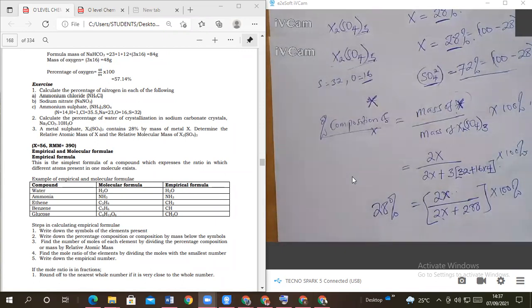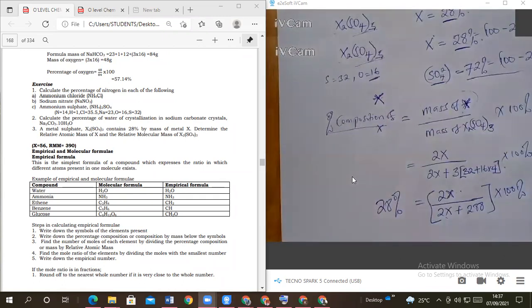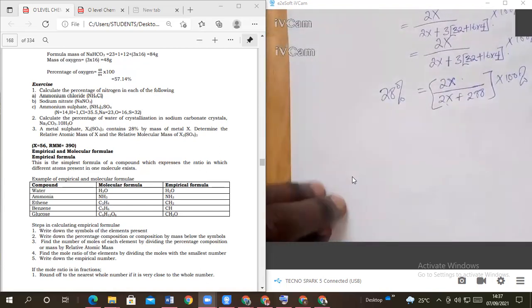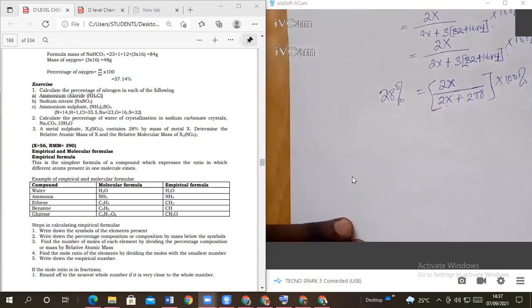A sulfate alone, what is the mass of a sulfate in this compound? Yes? Cynthia, unmute and give me the answer. The mass is what? Yes? Esther, peace, what is the mass of a sulfate in the compound?